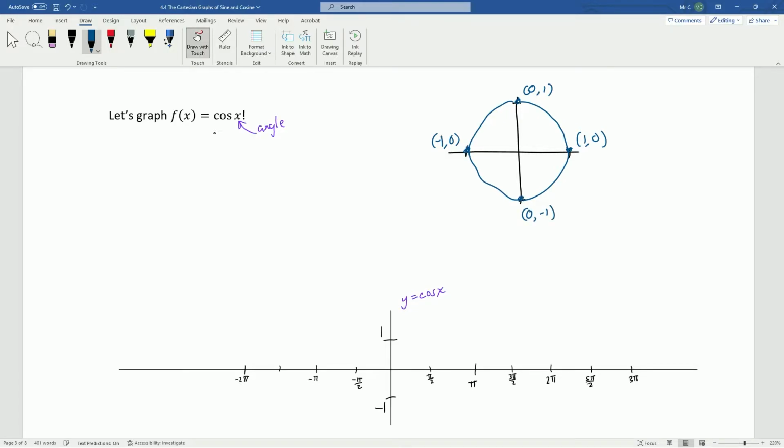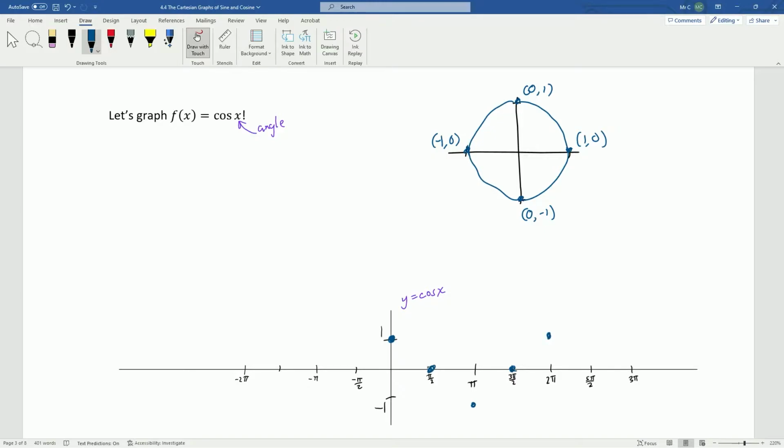But this time we're looking at cosine, and cosine is the x-coordinate on the unit circle. So let's go ahead and plot it. Cosine of 0 is 1. Cosine of pi over 2 is 0. Cosine of pi is -1. Cosine of 3 pi over 2 is 0. And cosine of 2 pi is 1.